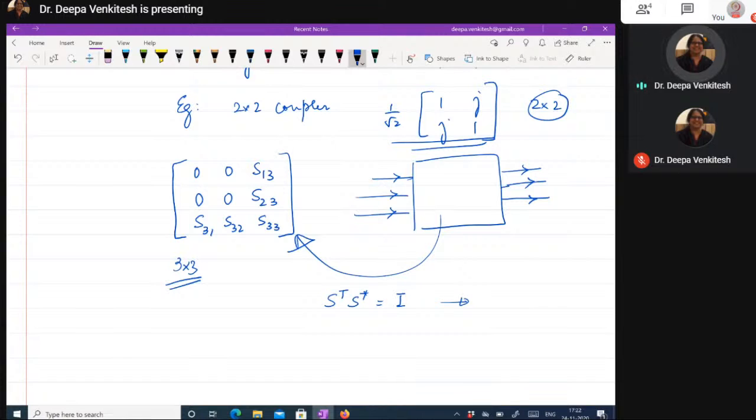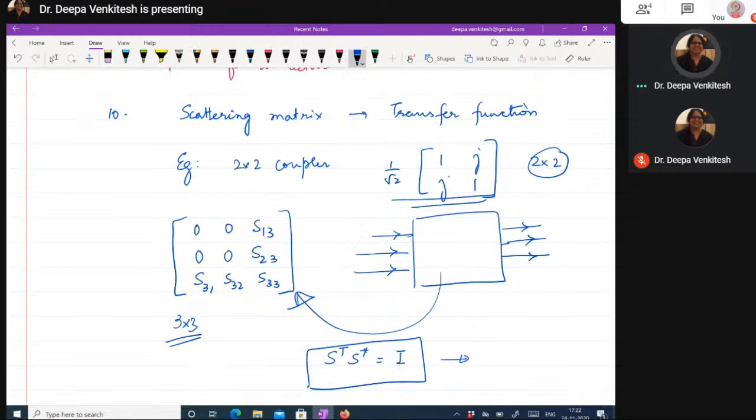So essentially, you're checking whether this condition is satisfied. You can check this condition for this transfer matrix, and you will realize that it becomes an identity matrix. So that is allowed. The reason why this other one is not allowed is that when you work out this condition, your energy conservation is not satisfied.